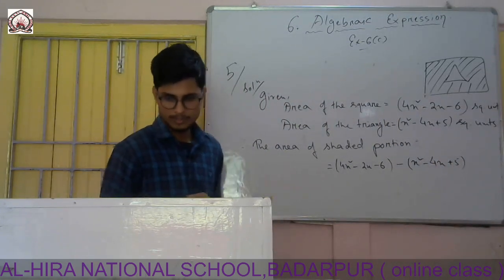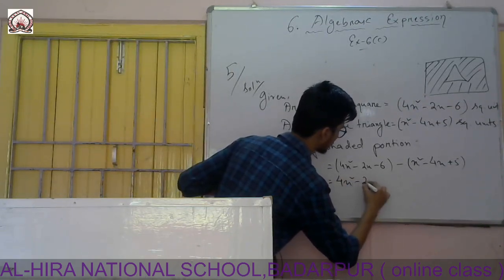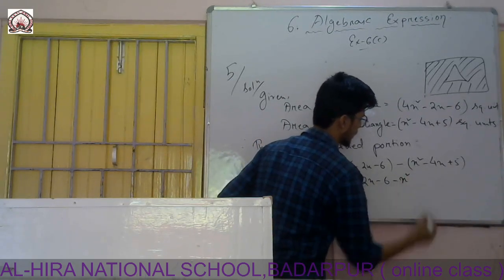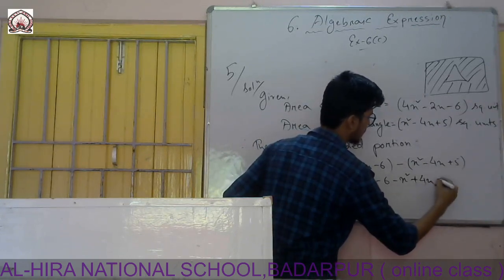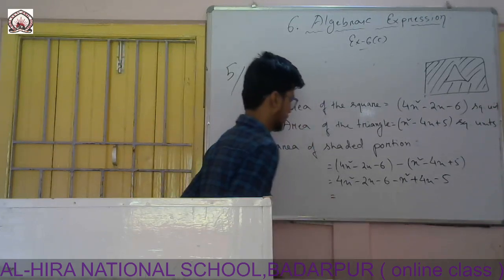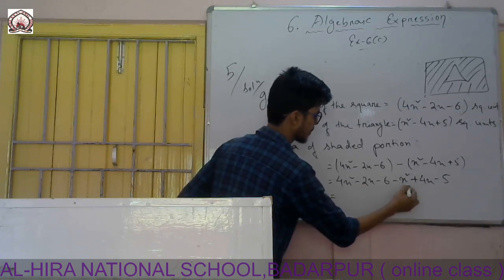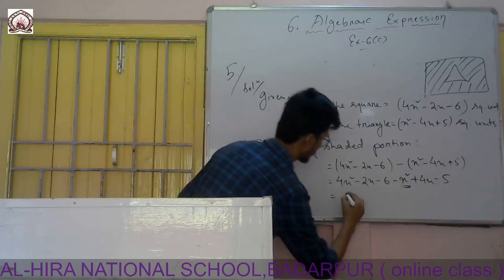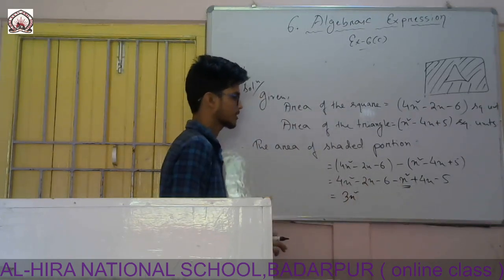So now I will solve this one. 4x square minus 2x minus 6, minus plus it is minus x square, minus minus it is plus 4x, and minus plus it is minus 5. So now I will find the like terms. 4x square minus x square, it will be 3x square, and since 4 is greater, I will give positive sign.